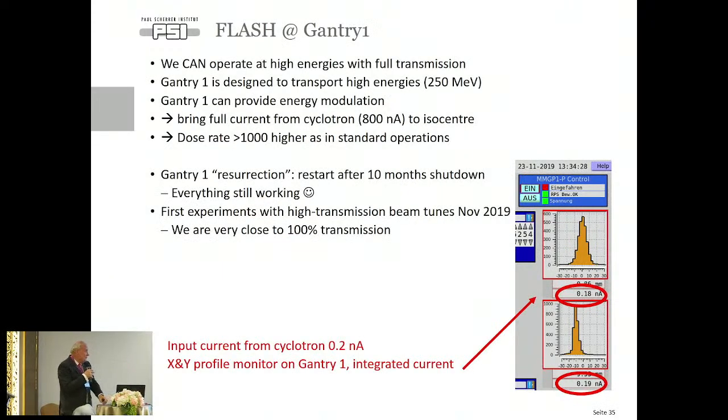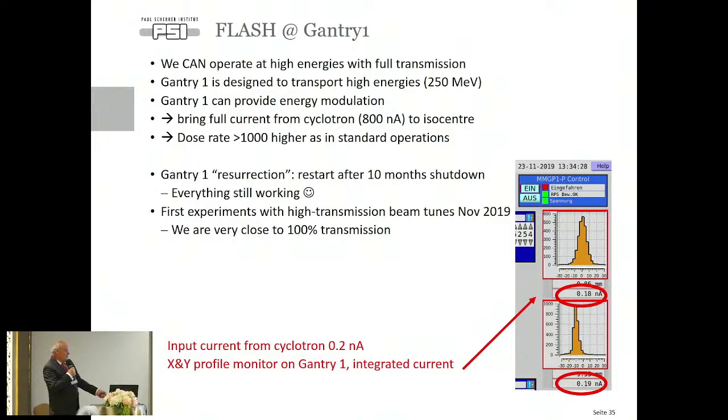And we did some first experiments in late 2019. See here, this was November 2019. And the important number, this is a measurement from profile monitors on the gantry, already very close to the patient table. The cyclotron current was very low, 0.2 nanoampere. And you see what we measure here.